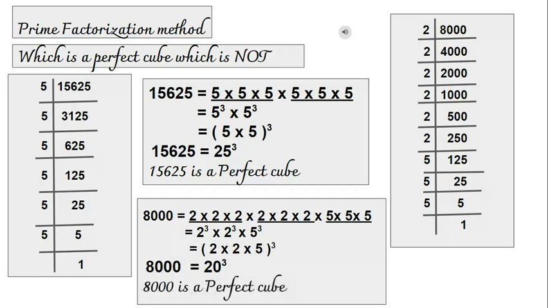Now, what does this mean? When we say that 8,000 is a perfect cube, that means you can actually make a cube if you are given 20 small cubes. This shows 8,000 is a number which actually forms a perfect cube, and the length of each side of that cube is 20.